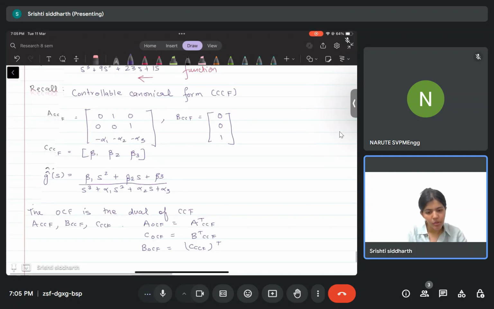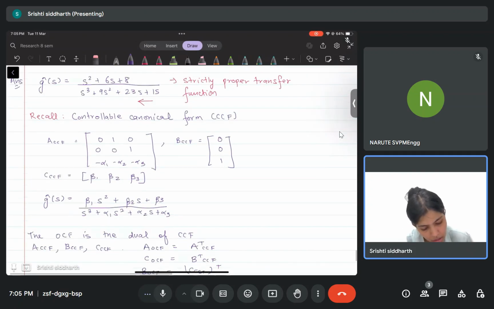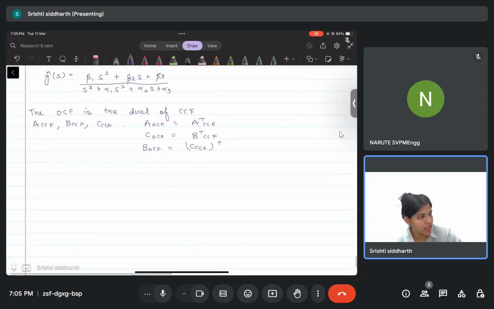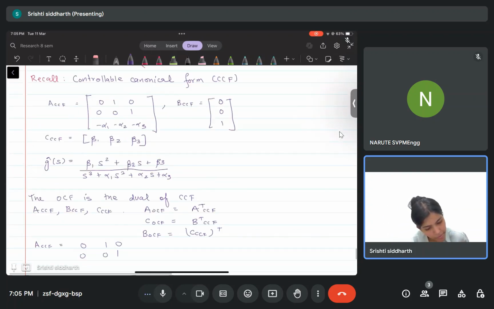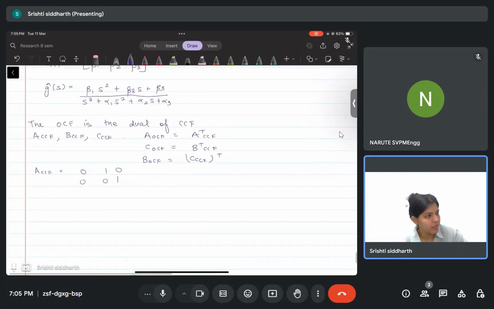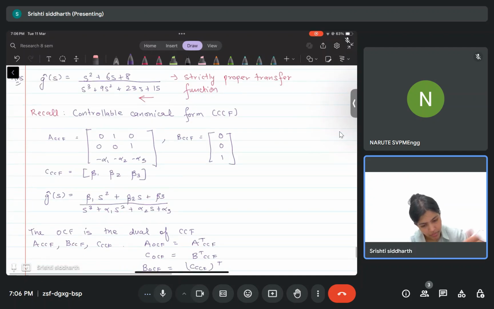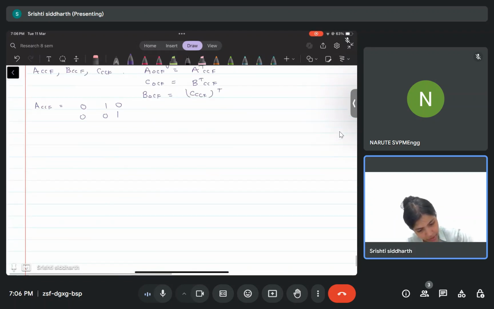So we have our transfer function. We know what the betas and alphas are. So I'm going to write down A_CCF as a chain of integrators 0, 1, 0, 0, 0, 1, then minus 15, minus 23, minus 9.